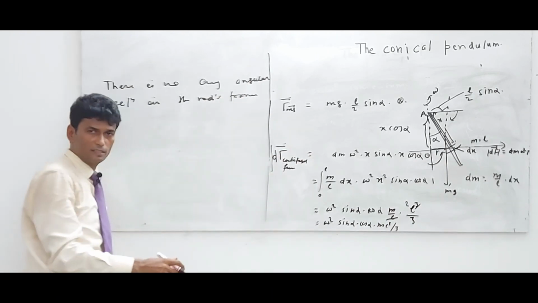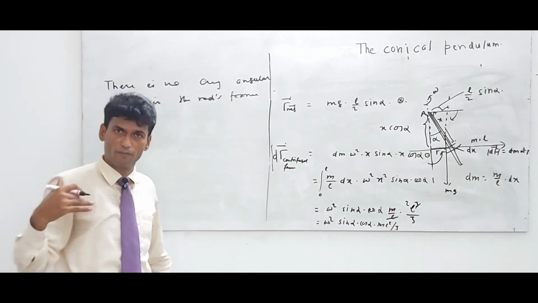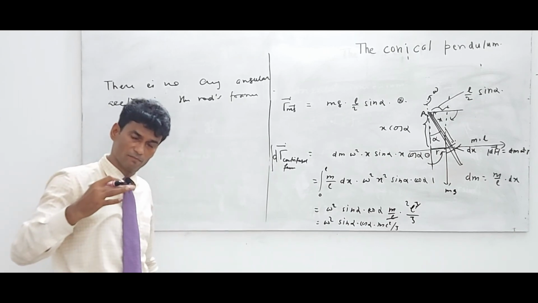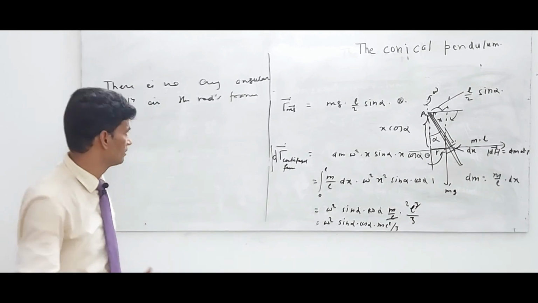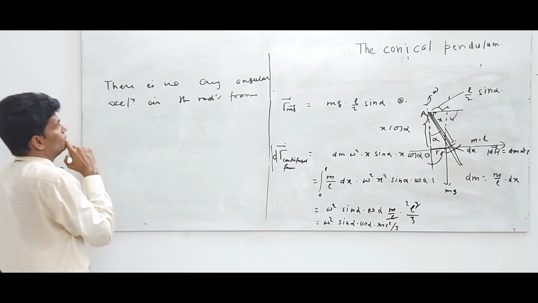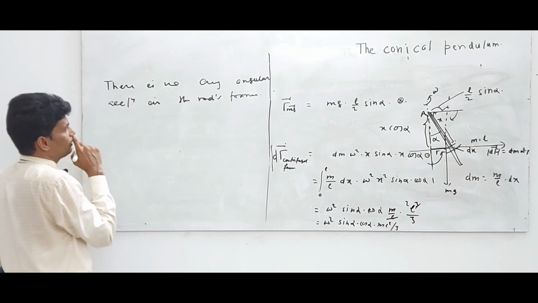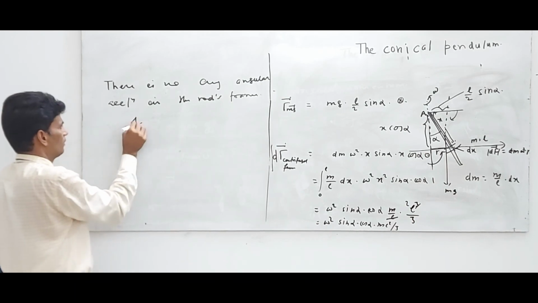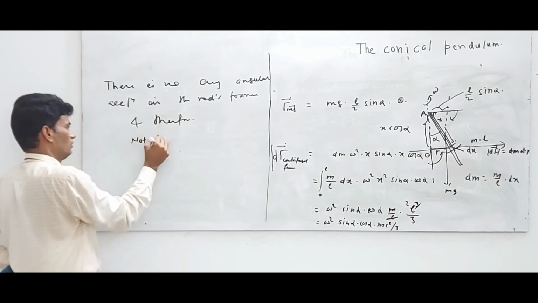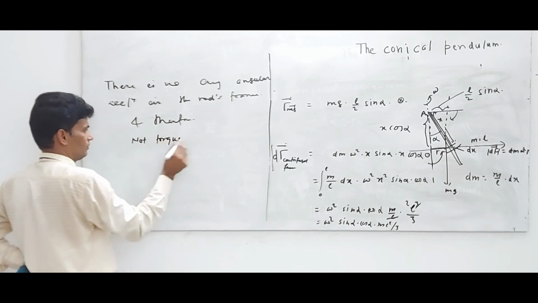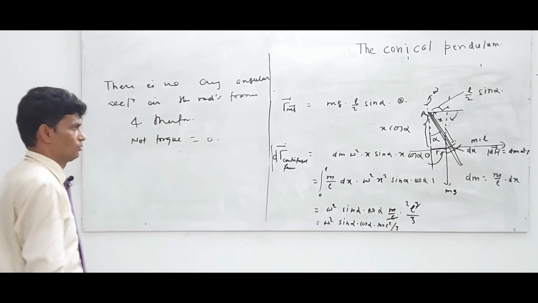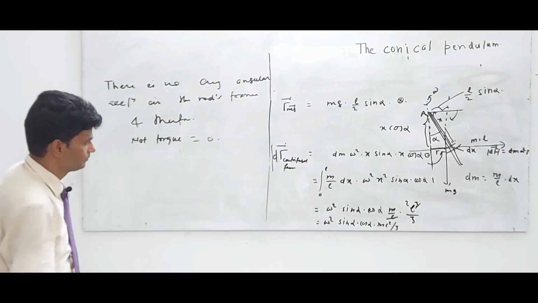There is horizontal torque from the ground frame. When we are in the rod's frame, there is no angular acceleration. What does it mean? There is no angular acceleration in the rod's frame, and therefore net torque must be equal to 0. So equate it.